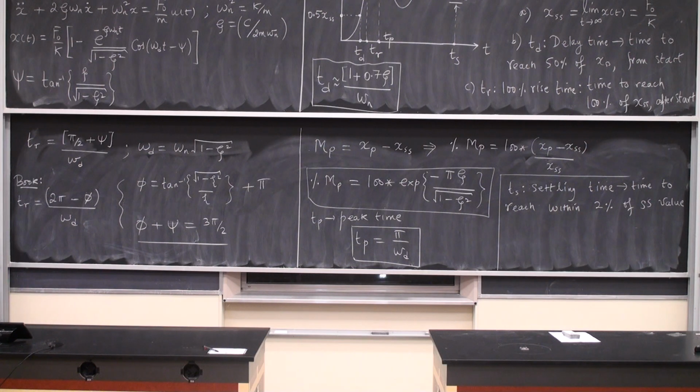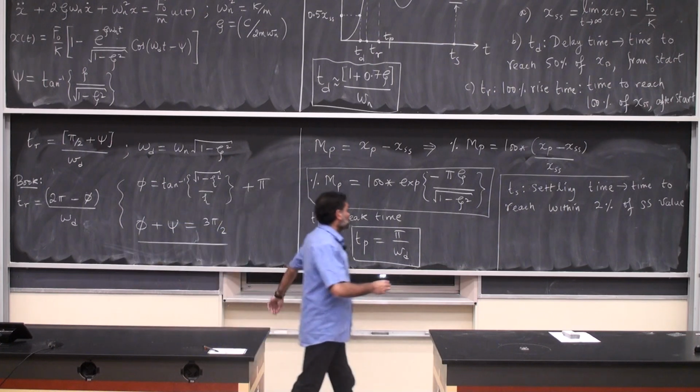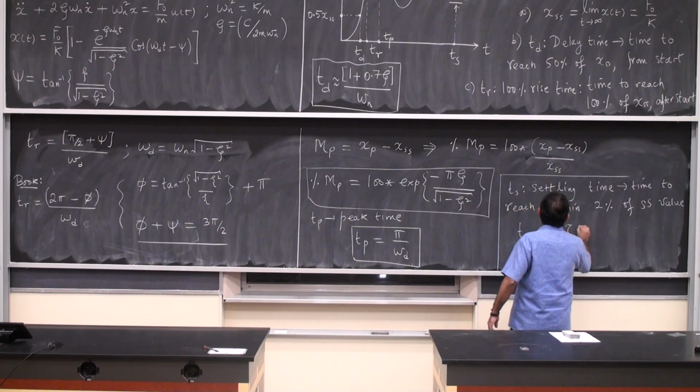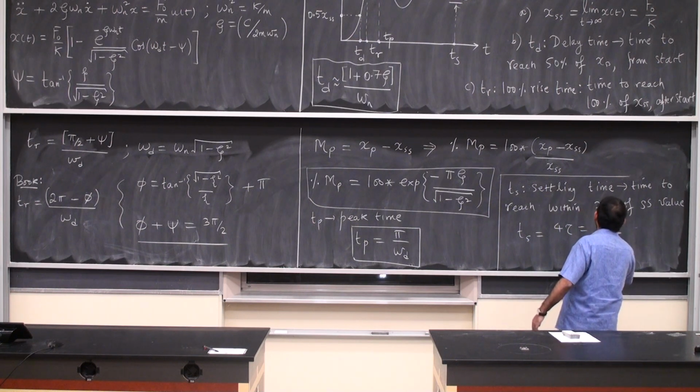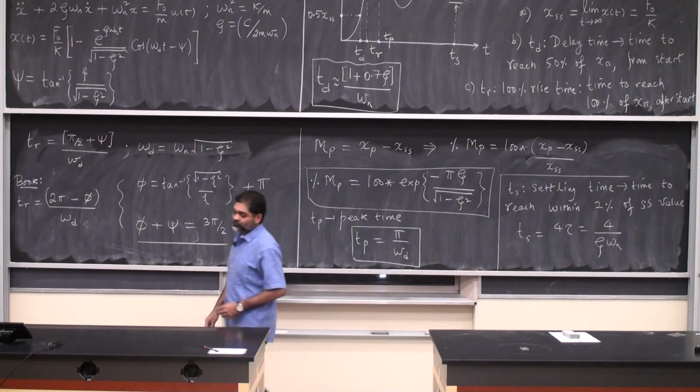Even if you forget everything about this course, don't forget settling time. It's 4 times tau. Okay? And what's tau for a second order system? 1 by zeta omega n. Okay.